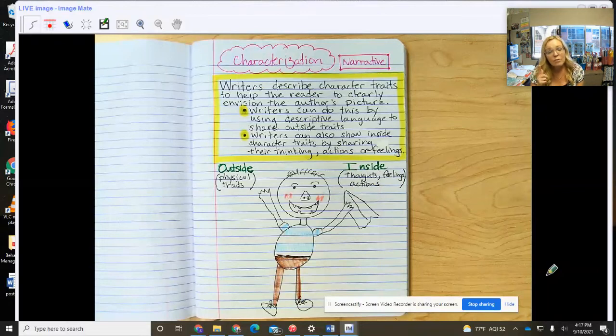We also said physically, he's always got a smile on his face. So even though he's getting in trouble all the time, we're thinking he's feeling happy because he's always smiling. So there can be physical traits that make us believe or show a feeling or emotion as well. So all of these things give us insight as to who your character is.